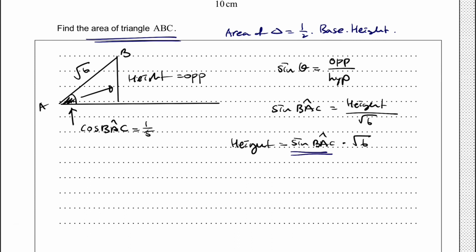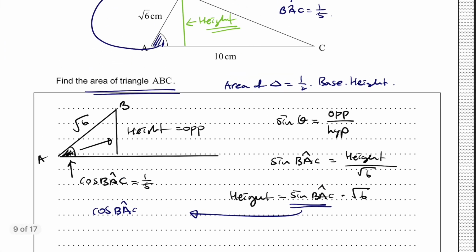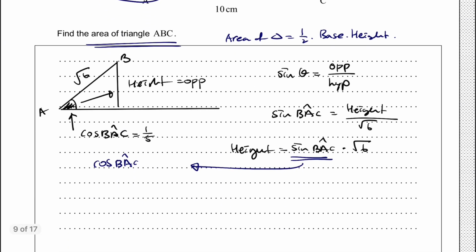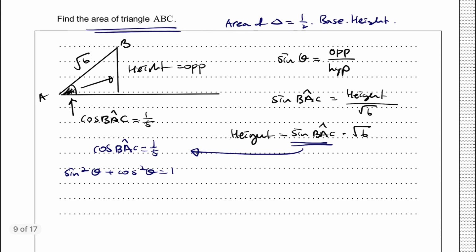In order to calculate this value, since we know that the cosine BAC from the question is 1 over 5, we're going to use the trig identity, which is sine squared theta plus cosine squared theta is equal to 1, to calculate our missing sine BAC value. So let's say sine squared angle BAC plus cosine squared angle BAC is equal to 1.